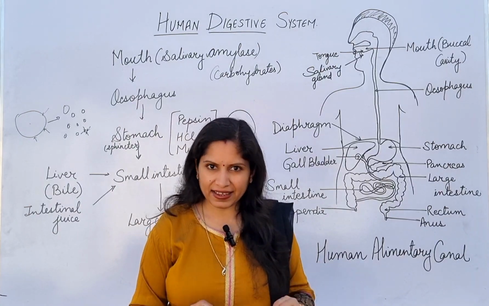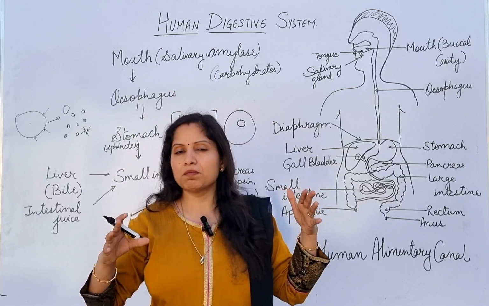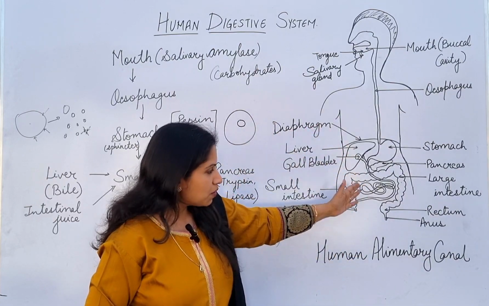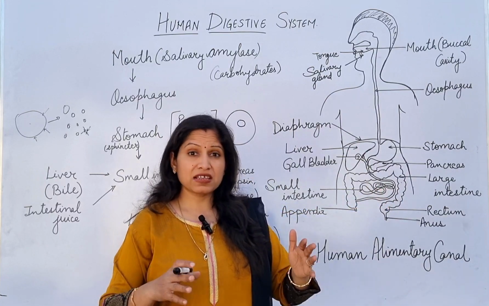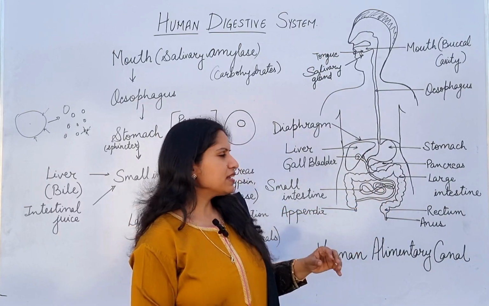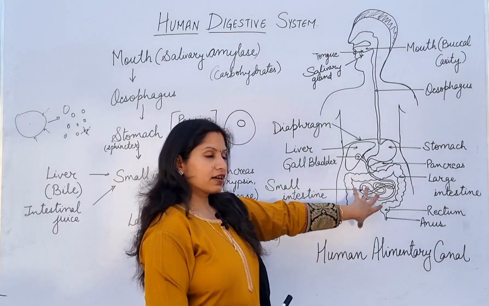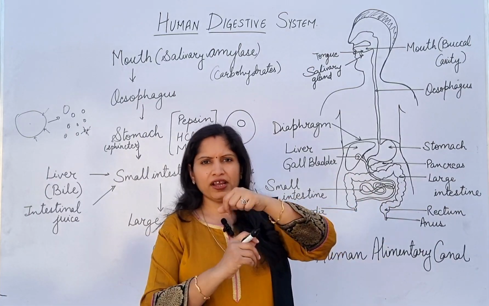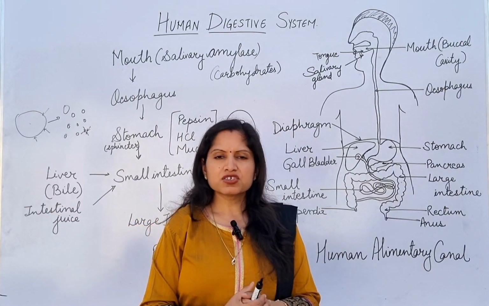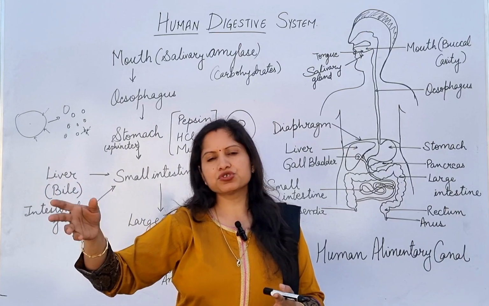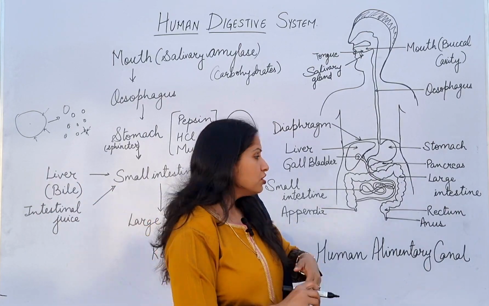If we consider their length, the length of the small intestine is really the maximum compared to all other parts of the alimentary canal. So it is the longest tube. But it's a highly coiled structure. When you store the pipes that you use for watering your garden, you just roll it into a coil-like structure, right?